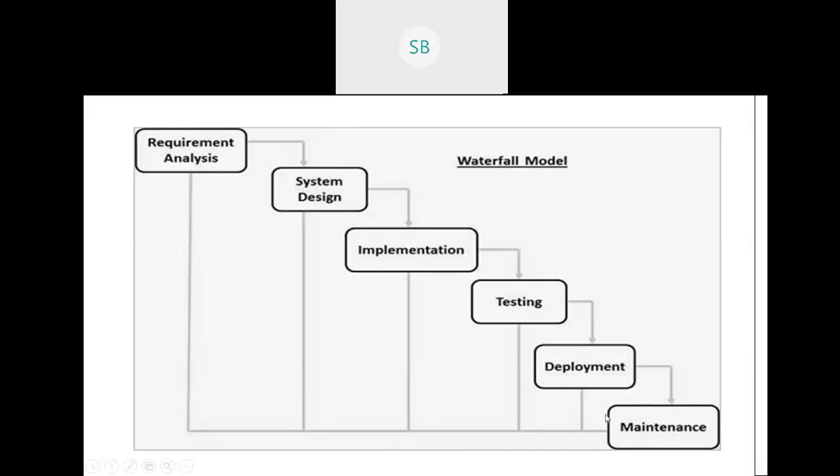We can go to the deployment, it's possible. We can go to testing, it's possible. Implementation, it's possible. So this is known as the iterative waterfall model. It overcomes the drawback of the waterfall model.